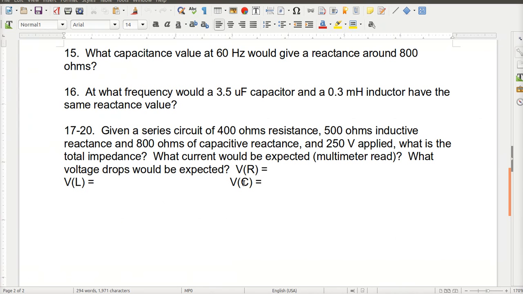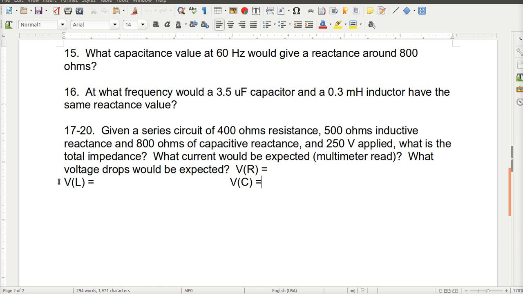That kind of analysis is really important in fully understanding. So take that current with the angle, multiply it times just your resistance, 400 at a 0 angle, and write down that number with the angle.